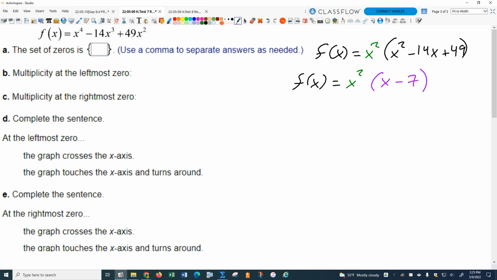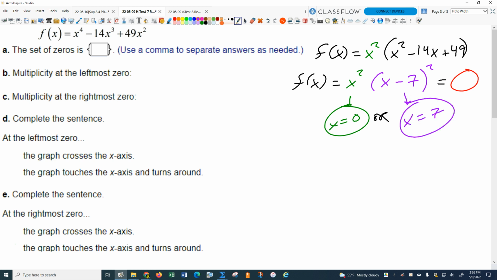How would I write that factor then? Squared. Good, x minus 7 squared. And if we set this equal to 0 to find the x-intercepts, what are our zeros then? 0 and 7. Good. So we get x equals 0 or x equals 7.